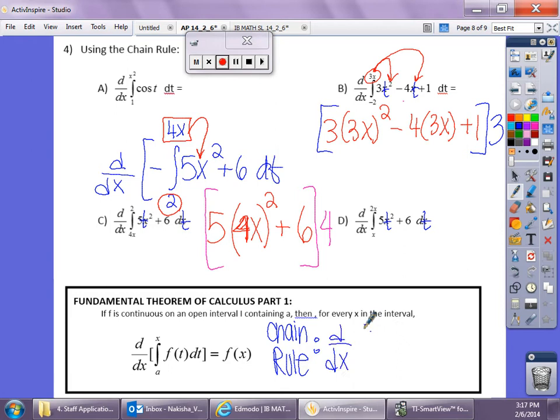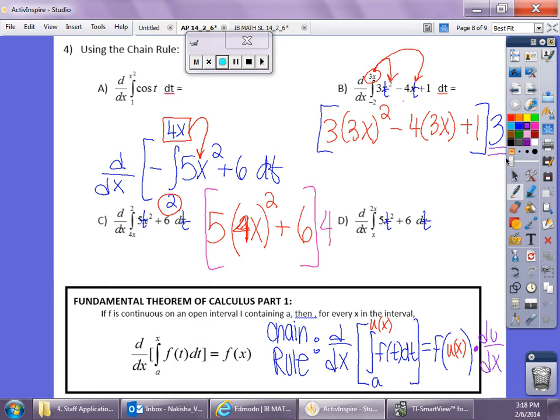You're going to find that if you want to take the derivative of an integral from a constant value to a function, and we're going to call that function u of x, so some function of x, of f of t dt, then that is equal to f of, so wherever you see an x, we're going to replace it with that function, or t, and then we're going to multiply it by du dx. That is actually the rule.